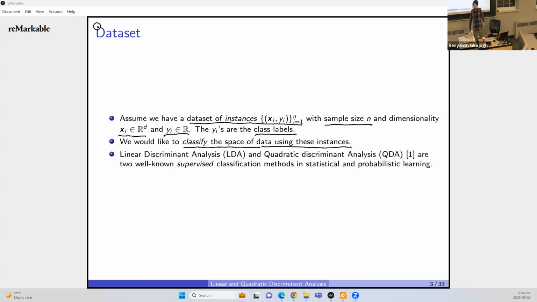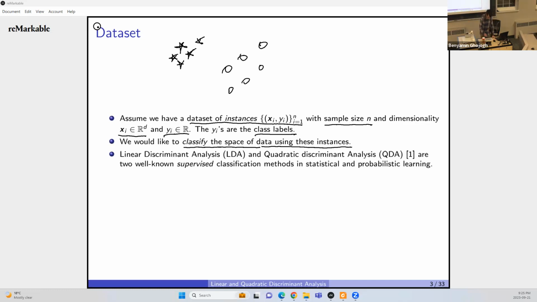So LDA and QDA partition the space. What do I mean by partitioning? Assume I have these classes and they are linearly separable. If they are not linearly separable, then LDA won't work well, because a linear classifier always has a linear decision boundary, okay.